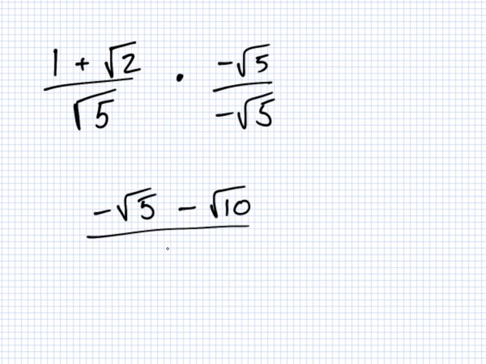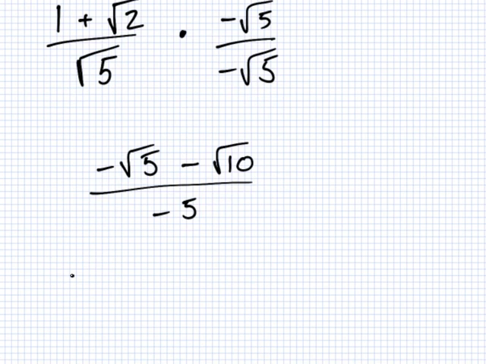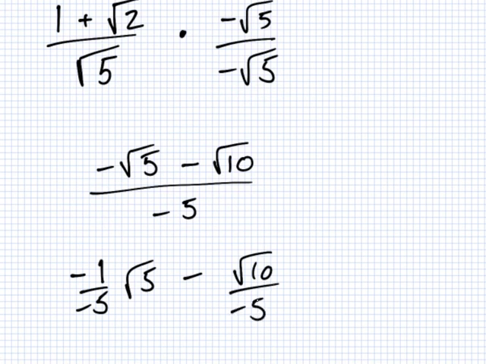And on the bottom here, I'll have minus 5. So this will be minus 1 over minus 5 root 5 minus, and I'll keep it as root 10 over minus 5.